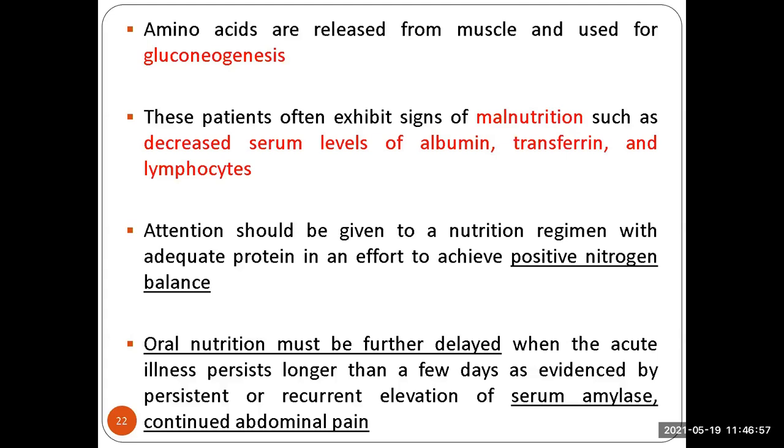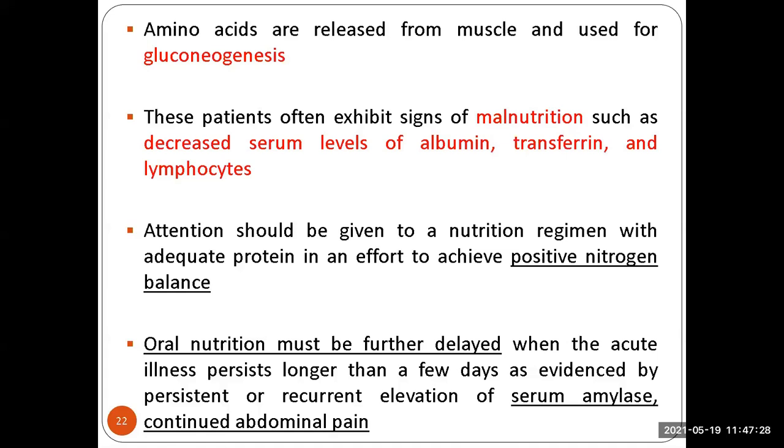So ultimately, the muscular mass will be affected. The patient often exhibits signs of malnutrition, such as decreased serum levels of albumin and transferrin. Transferrin is a glycoprotein found in vertebrates, and it is essential for the transport of iron through the blood plasma.